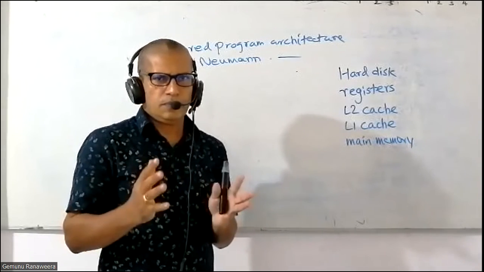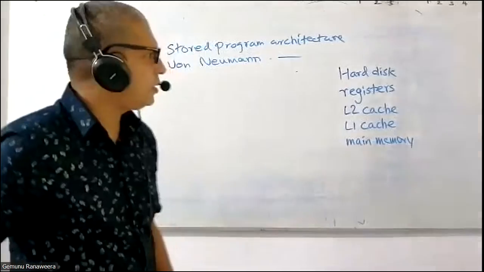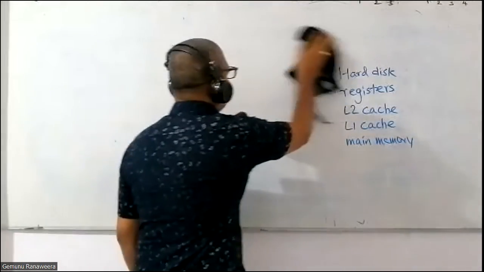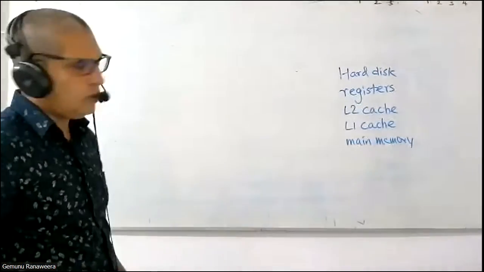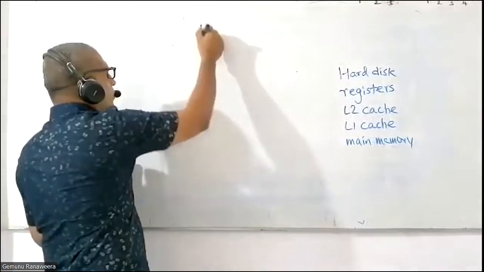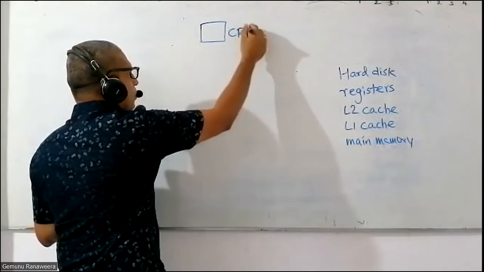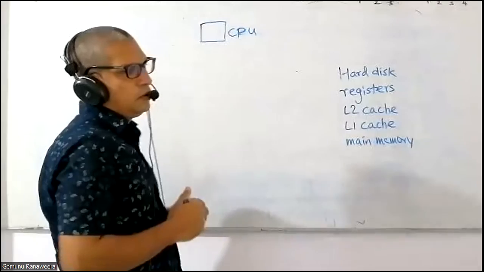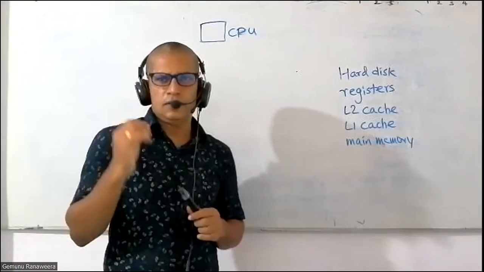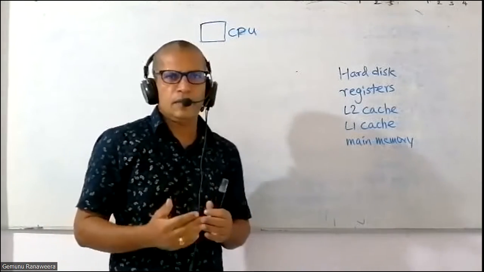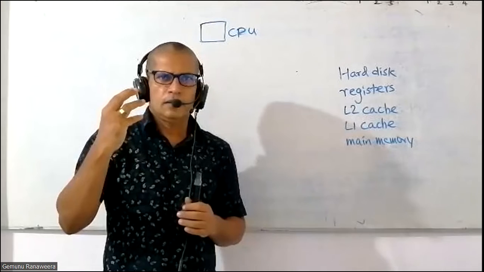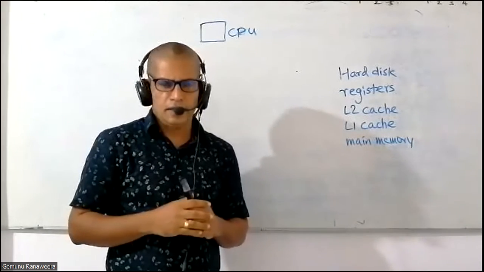When we talk about the computer memory, we can't forget the CPU. So what is the CPU? CPU is the central processing unit. It is something similar to the human brain, which is inside your head.